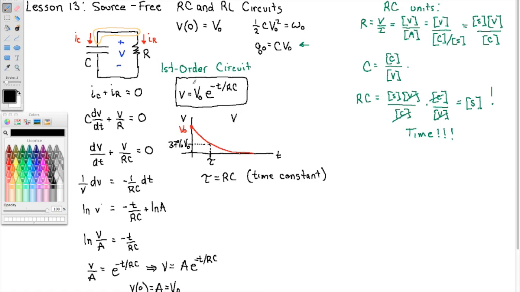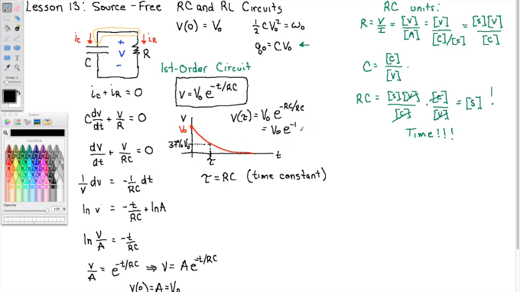Here's our voltage as a function of time. If I plug in a time constant, this is V0 times e to the negative RC over RC, right? Or V0 times e to the negative 1.